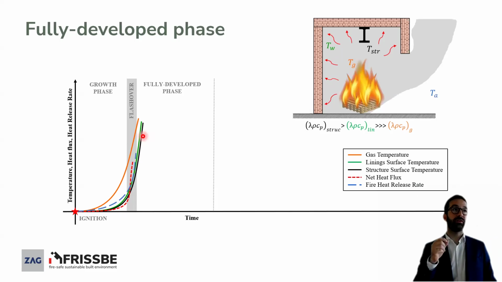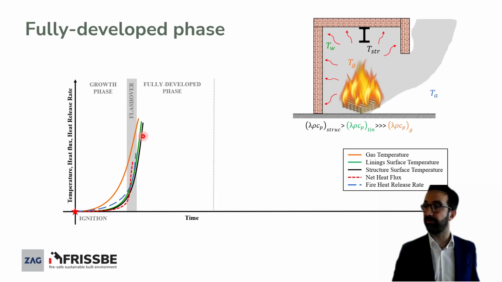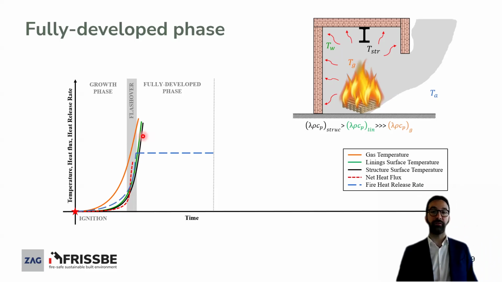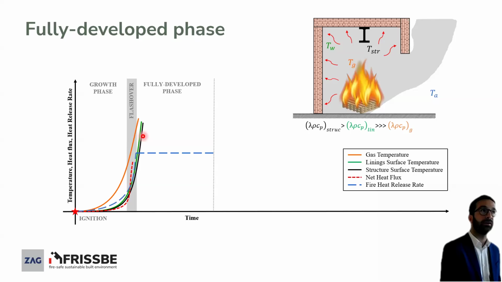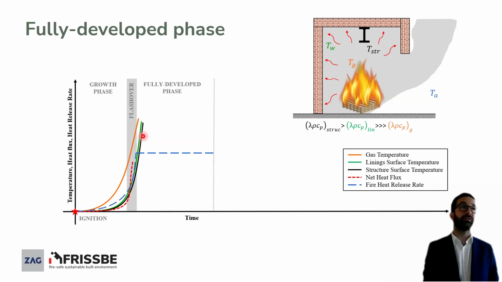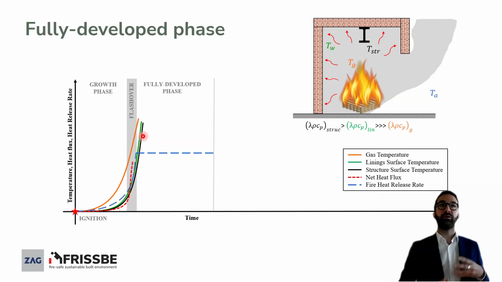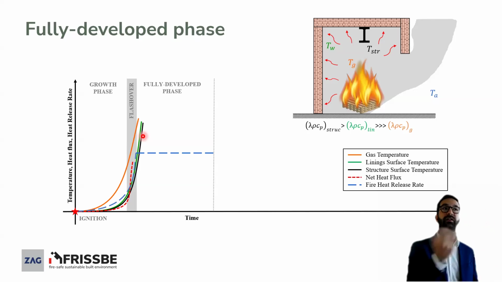It becomes relevant when, if the conditions are such, we achieve flashover. In flashover, depending on the fire and the condition of the compartment, you can have a fuel controlled or a ventilation controlled heat release rate, but in general the fire goes into a sort of steady state condition. The compartment also goes into thermal equilibrium.